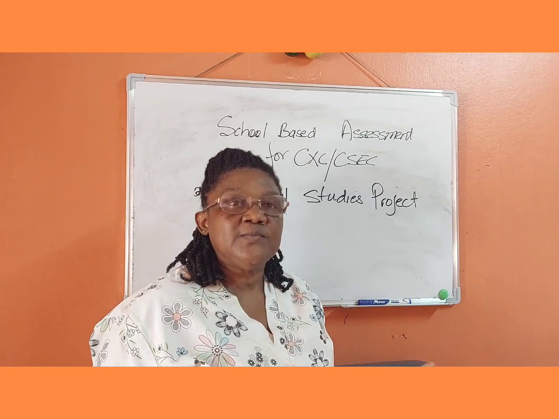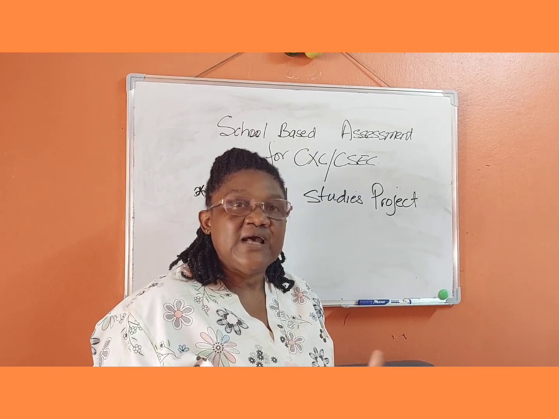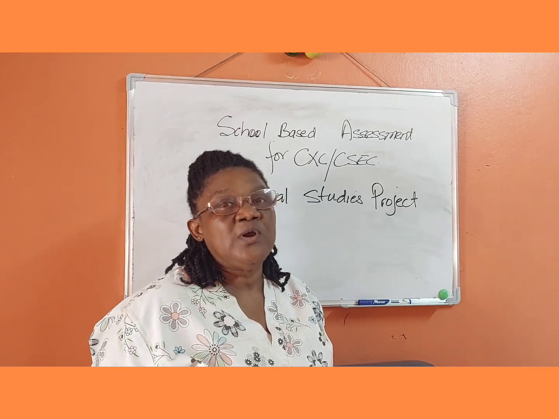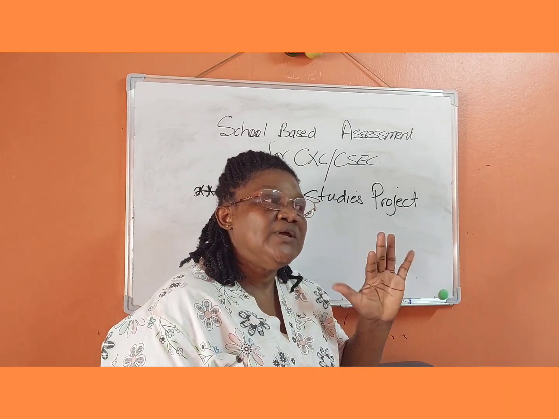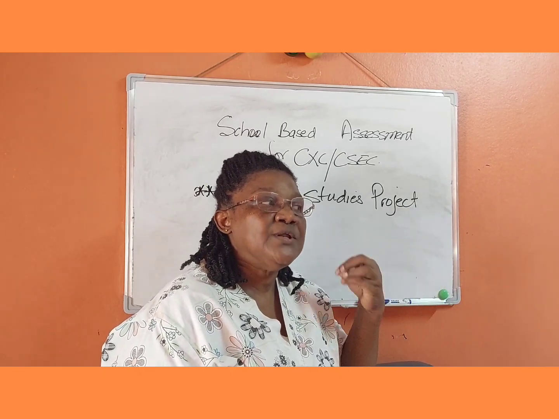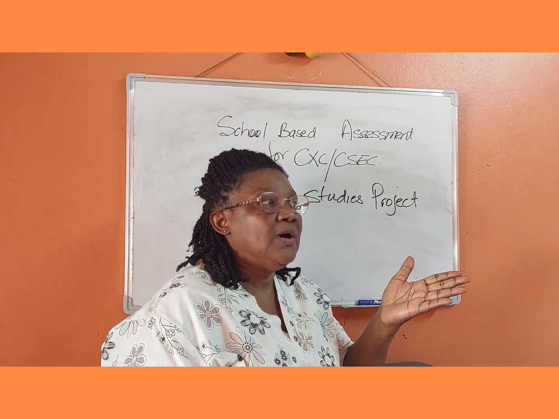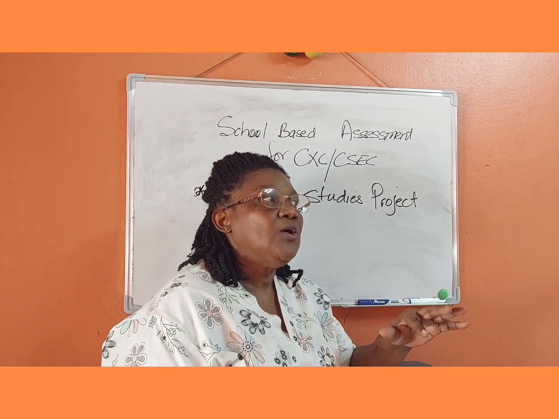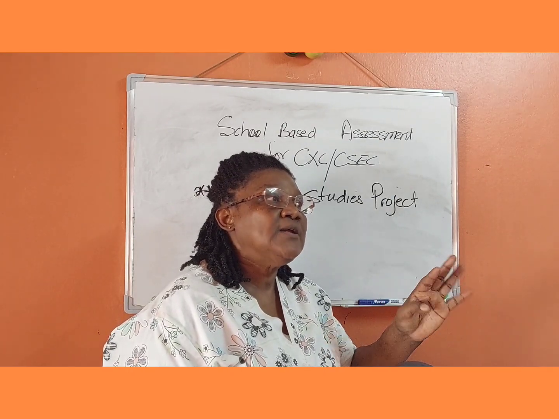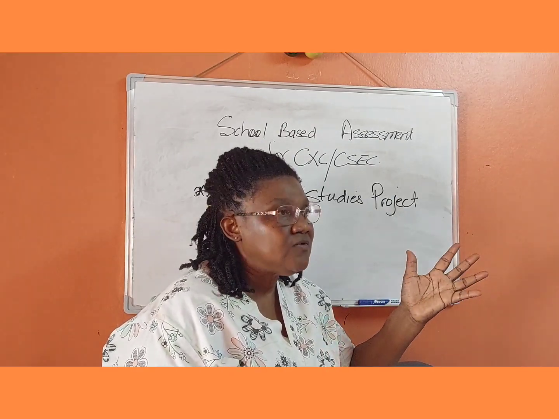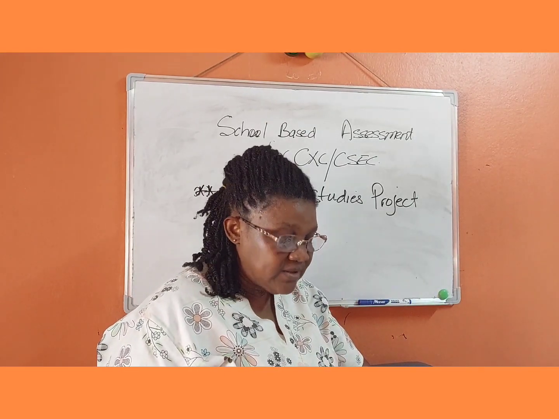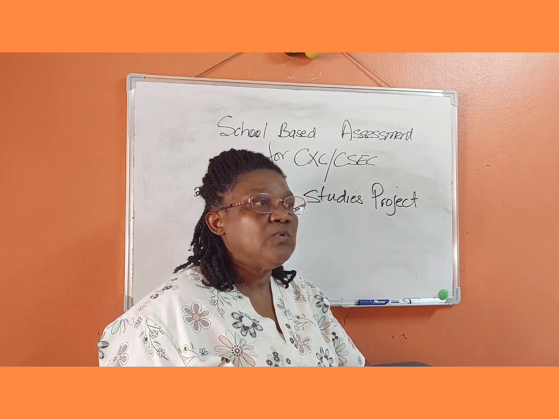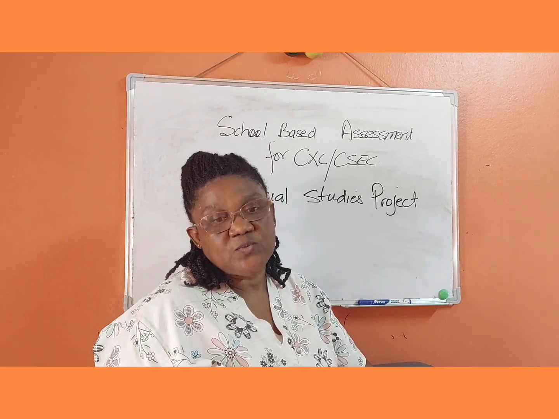There are many ways that data can be collected that you will have to read up on, whether we are going to go to the library and review literature that persons have already used to do similar projects, whether we are going to carry out experiments, whether we are going to do questionnaires and surveys. A lot of methods are at our disposal. We have to choose the best one that will provide the information that we need.